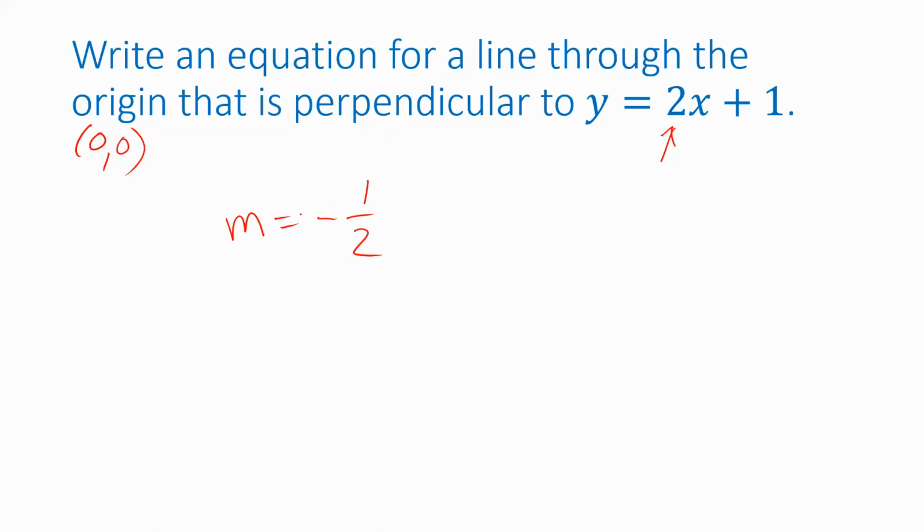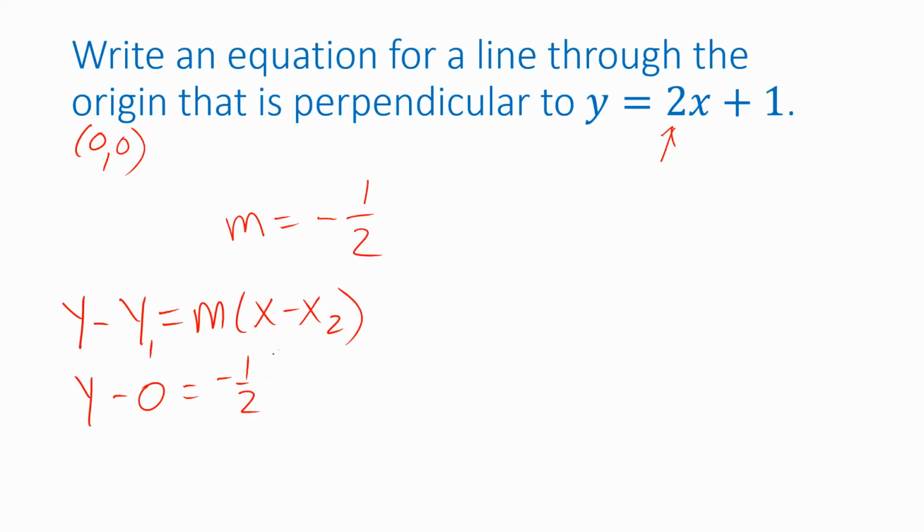That's my slope. And again, plug it into our point slope formula. My y1 is 0. Slope is negative 1/2.